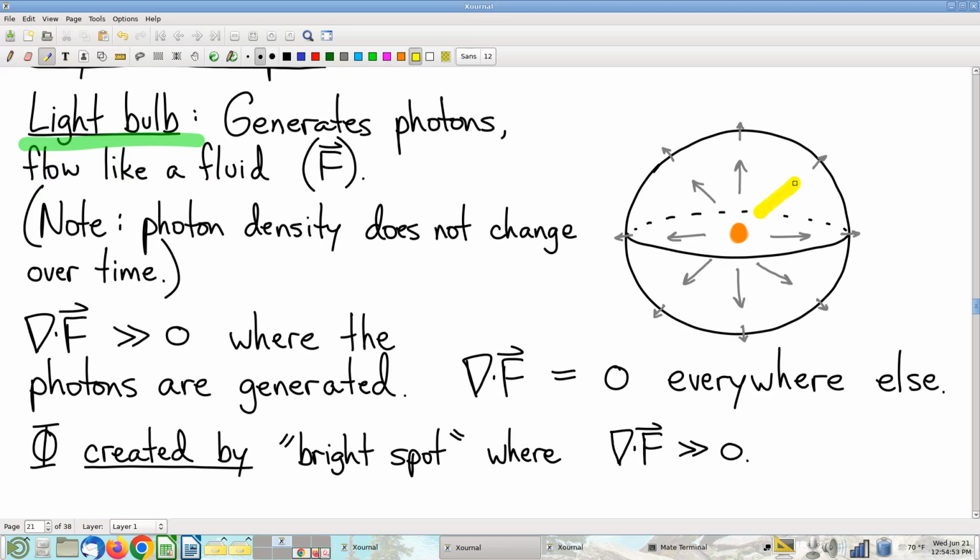Now, the resulting photons, the little particles that communicate light, are all flying out in all different directions, like so. So we have a flow of a fluid. We have a vector field representing that flow of that fluid. All right, is everybody with me?